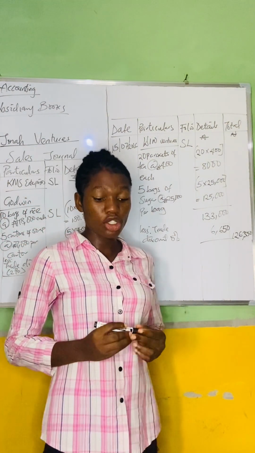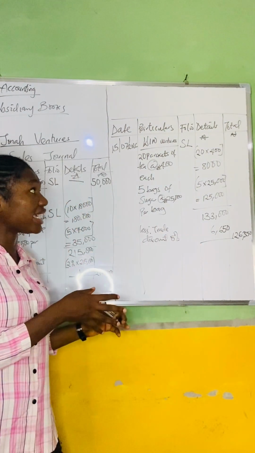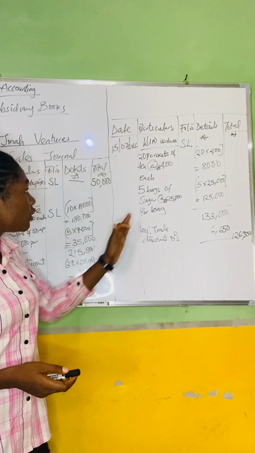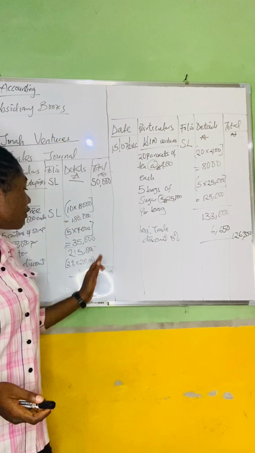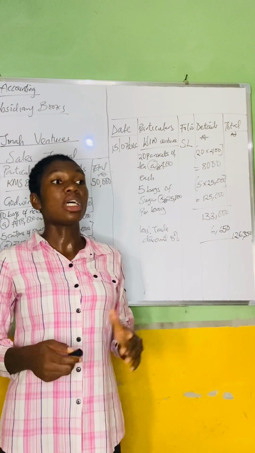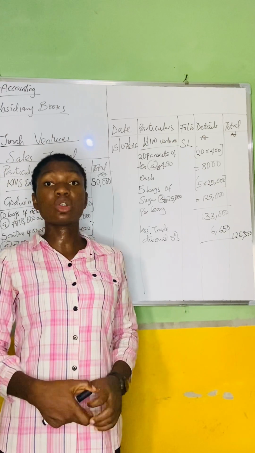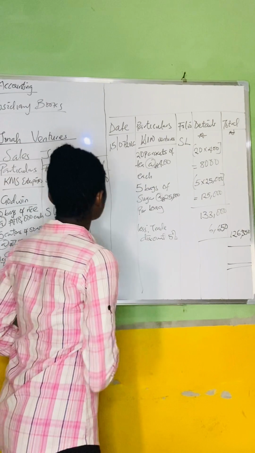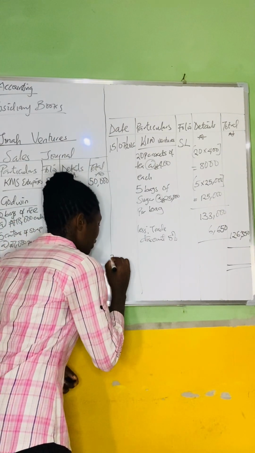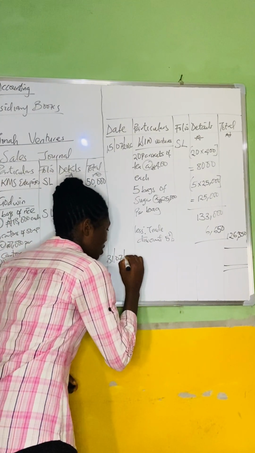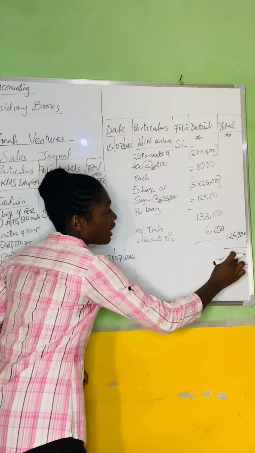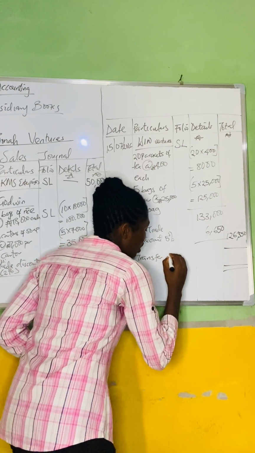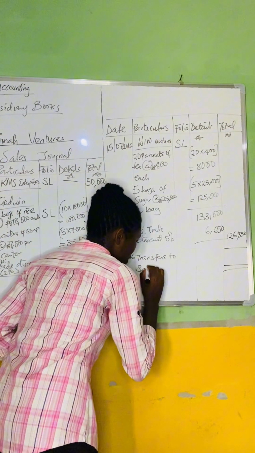Since this is all that happened during the month of July, at the end of the month, which is the 31st of July, we'll get the total value for each transaction and transfer it to our sales ledger account. Transfer to sales ledger.